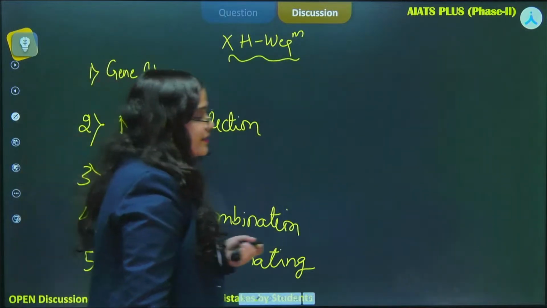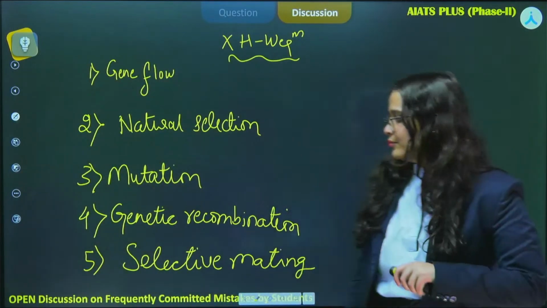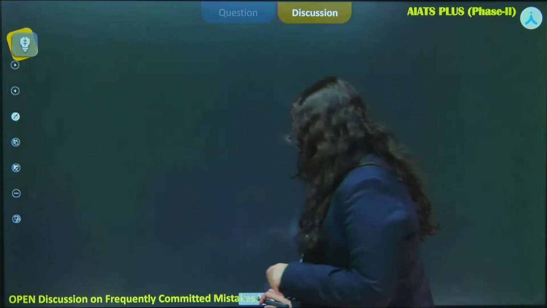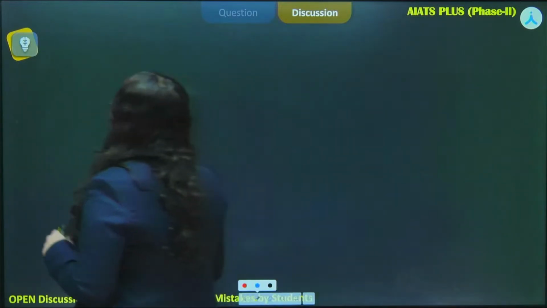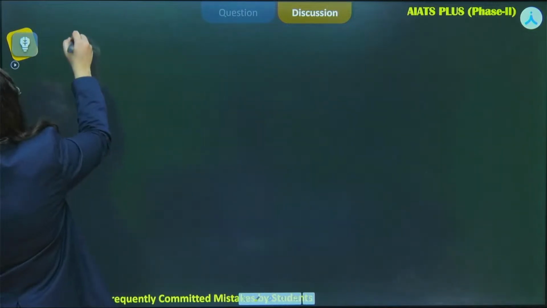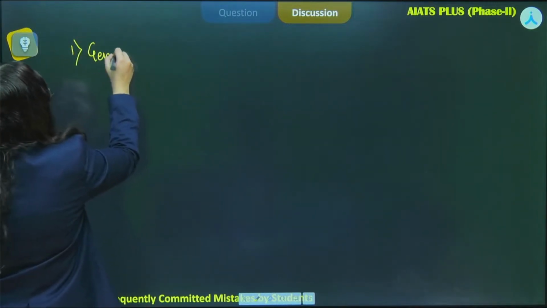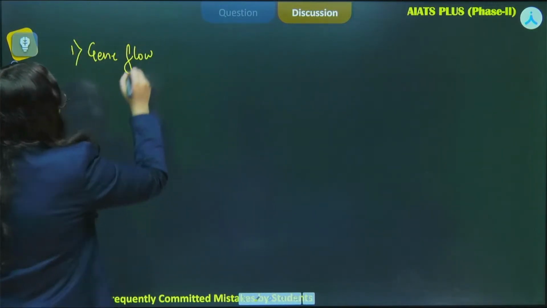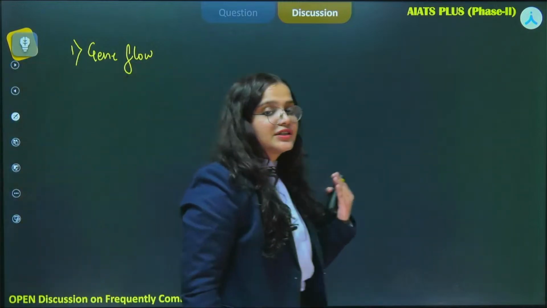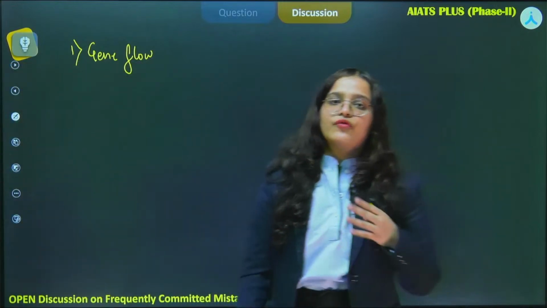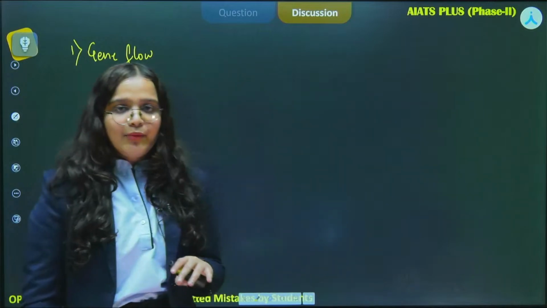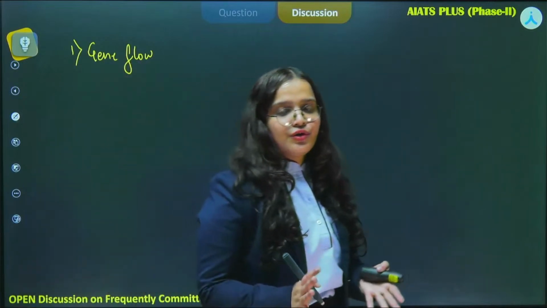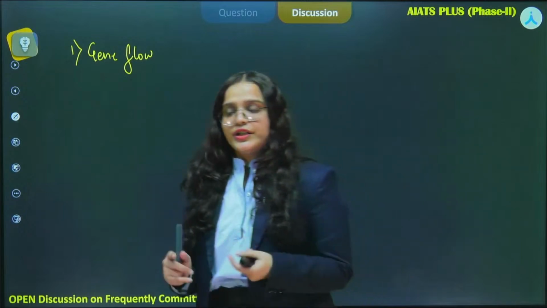Alright, so let us discuss these factors quickly. The very first factor that we have is gene flow. Gene flow means the flow or exchange of gene frequency, and it happens when there is migration of that particular gene frequency.